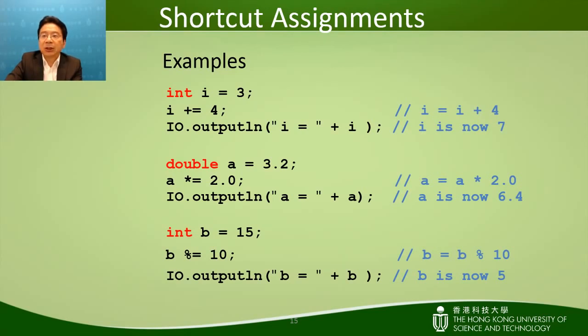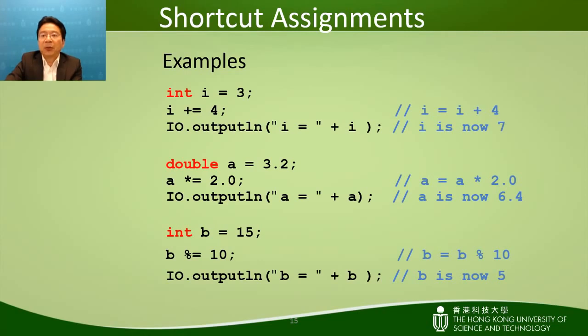Notice that the shortcut operator applies also to floating point numbers. The last shortcut operator is for the remainder operator. So b %= 10 is the same as taking the remainder of 15 divided by 10, and the result of 5 will be assigned to b.